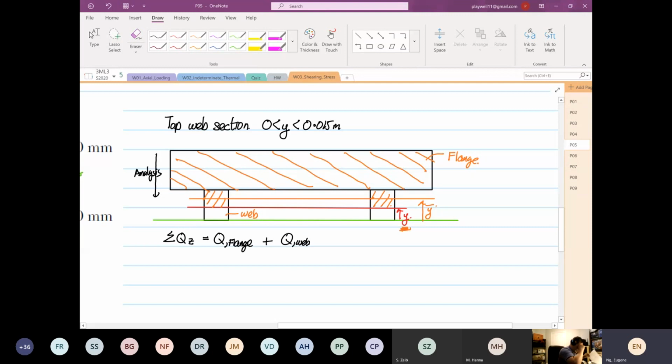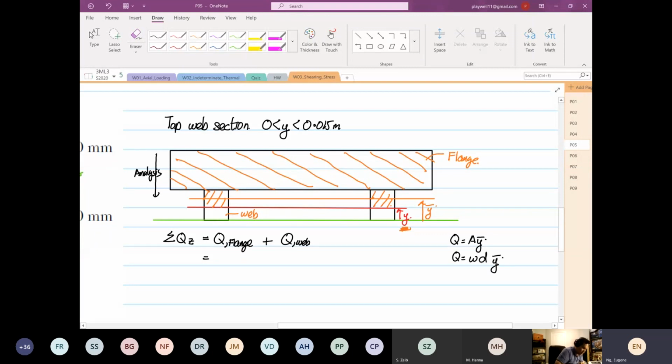We have to do Q of the flange and Q of the web. So from here, Q of the flange, the general formula is Q is equal to A y bar. So I like to do width multiplied by depth, y bar.